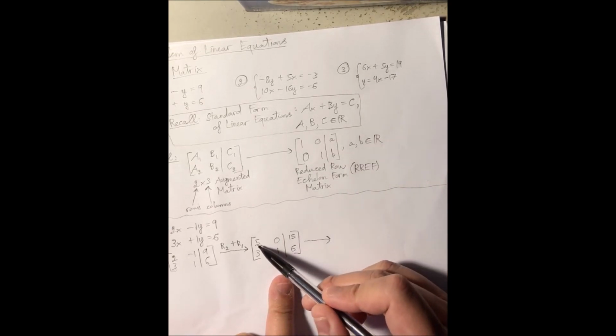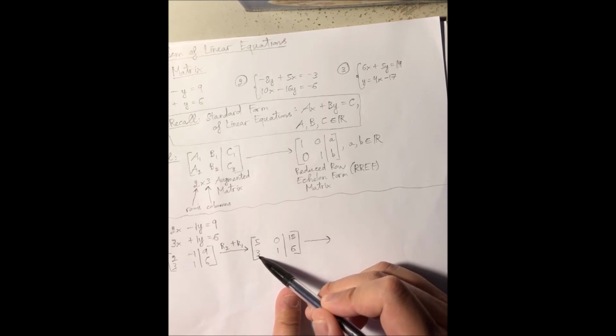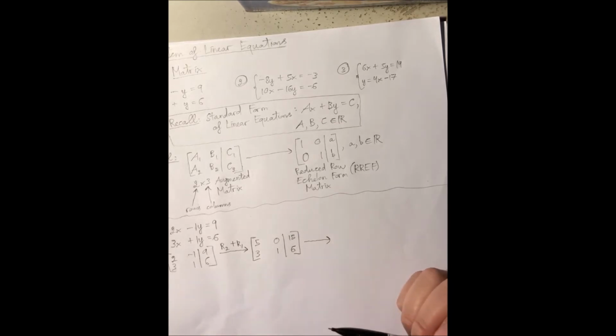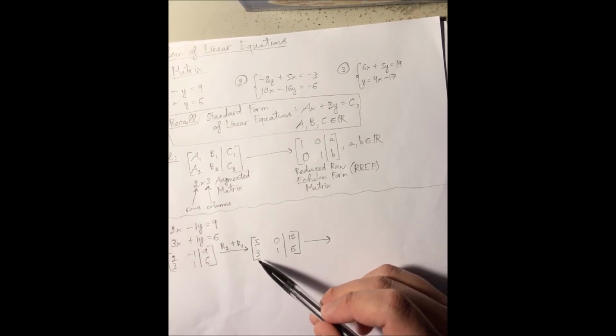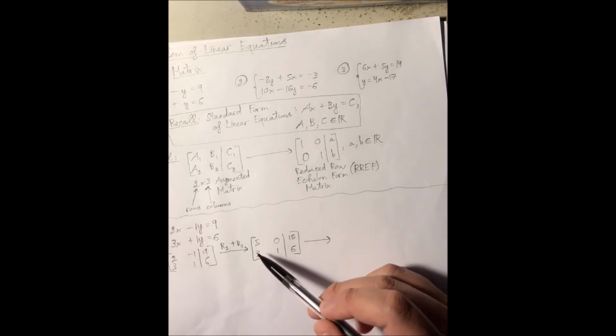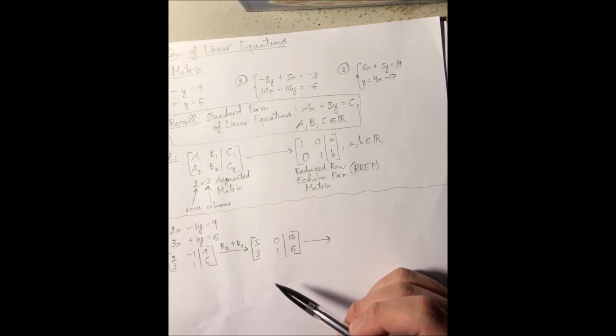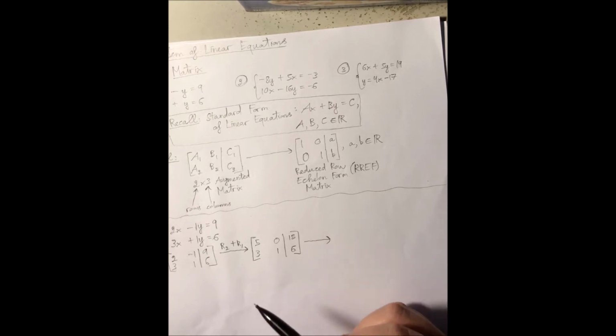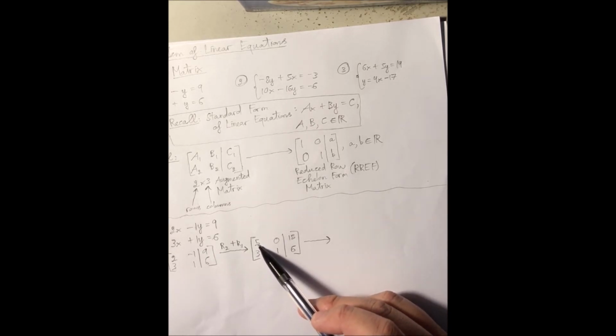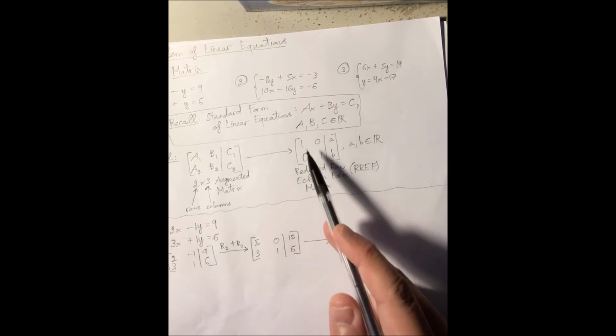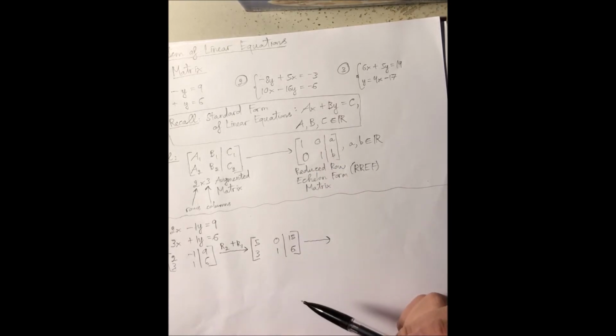So I have to convert this number 5 and this number 3 into respectively positive 1 and 0. Now I can go ahead and try to reduce number 3 down to 0, but if I were to take that route, I would end up dealing with fractions. So I'm going to try to reduce positive 5 into positive 1 instead, okay?